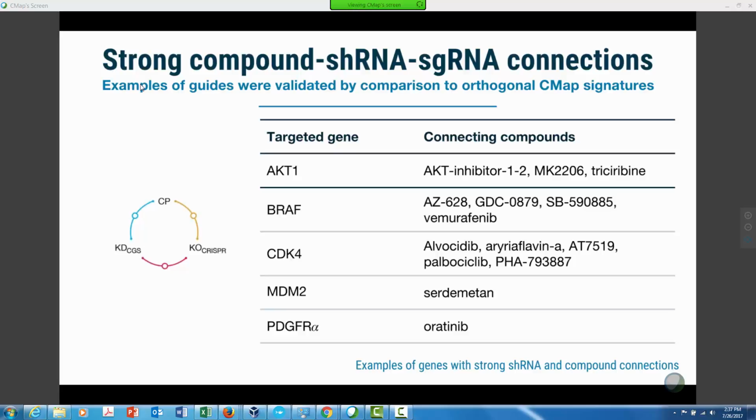For instance, the MDM2 loss of function signature connected to an MDM2 inhibitor, which is exactly what we expect and what we would like to see to have faith in our data. Because the data that we're querying against in this context was made at an entirely separate time, with totally different reagents, it adds validation that the signatures we're getting are actually what we expect them to be. So I think that's very promising.